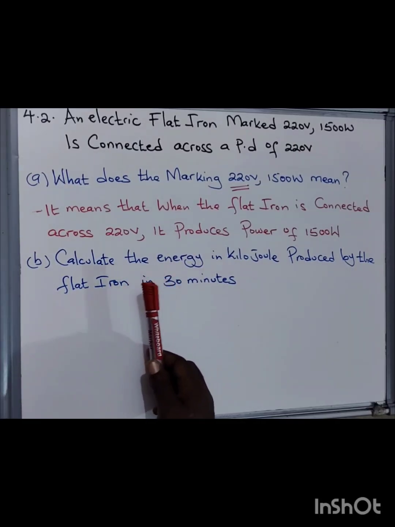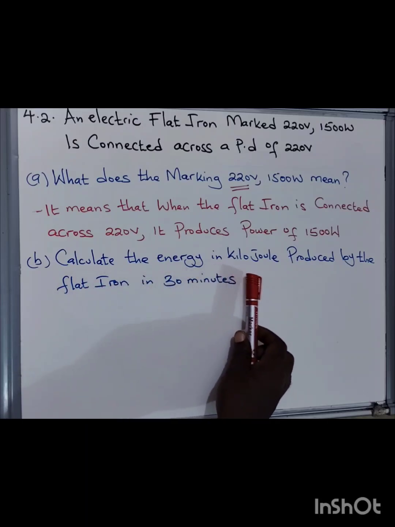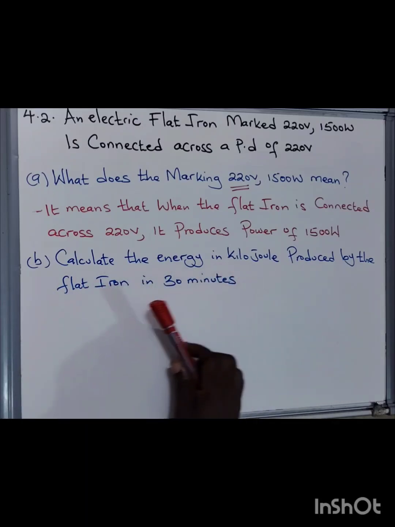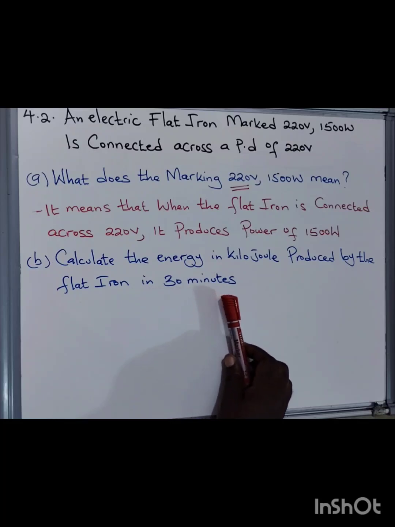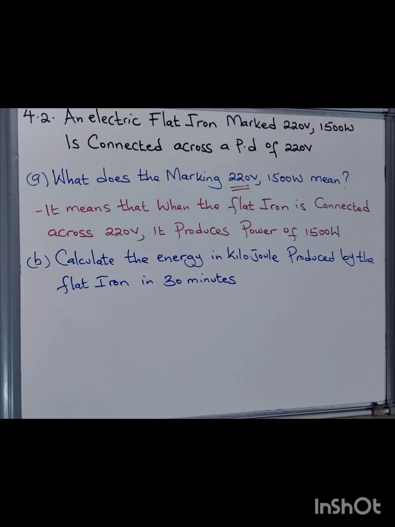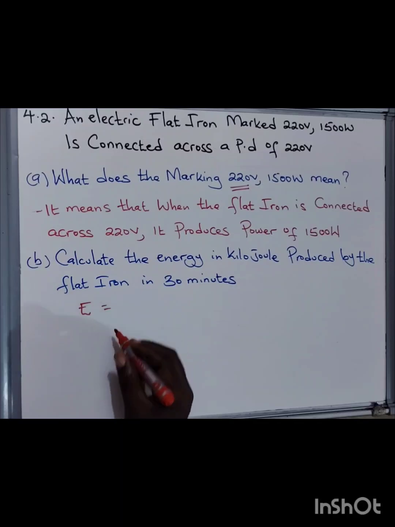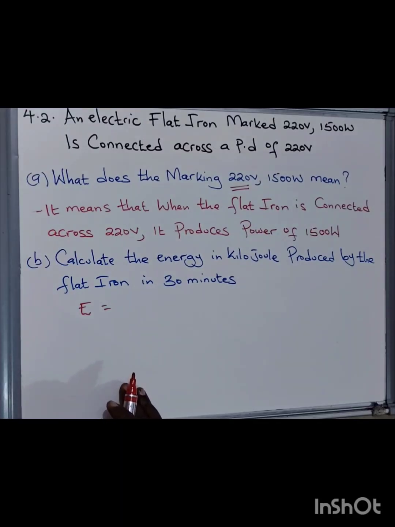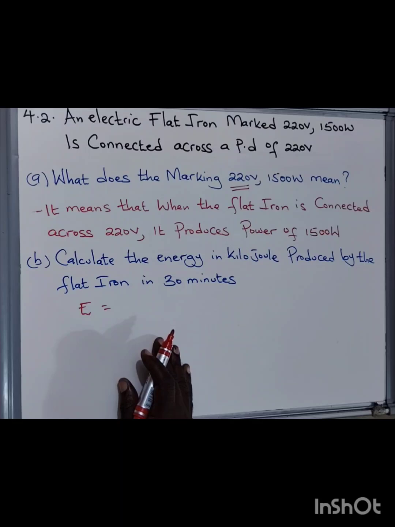Then comes this question. It says that calculate the energy in kilojoules produced by the flat iron in 30 minutes. Okay. How are you going to do this? You have to remember that we have a series of equations for calculating energy.